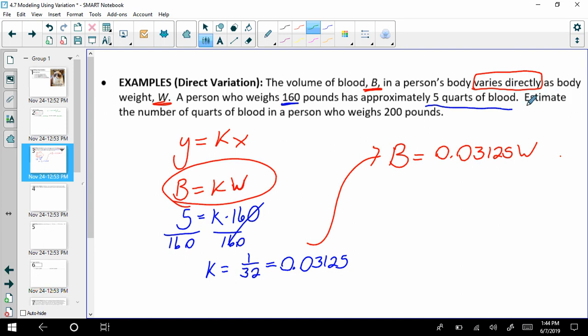So it says, estimate the number of quarts of blood in a person who weighs 200 pounds. So now that we know how B and W are connected, we can now use this to find other information. So if I know a person weighs 200 pounds, what would I do with the 200? I'd plug it in for W.